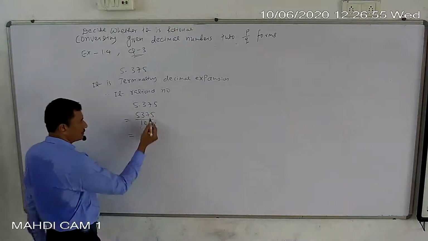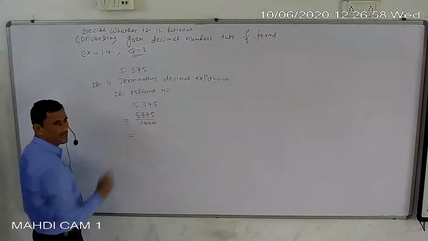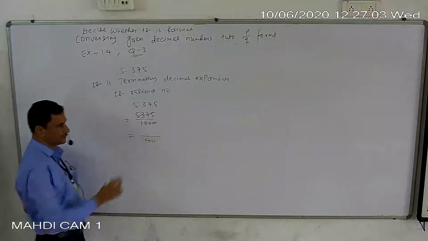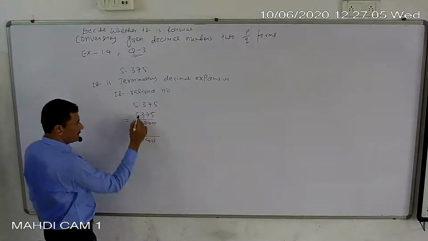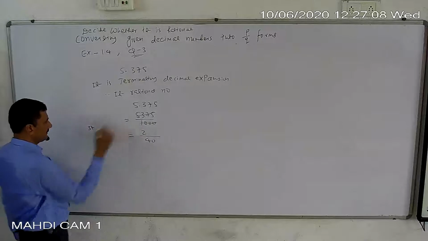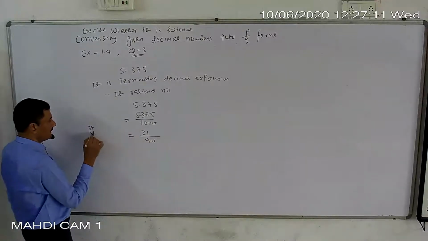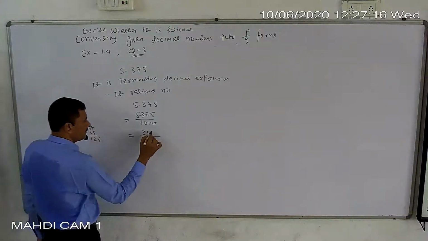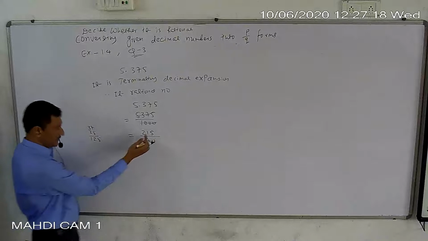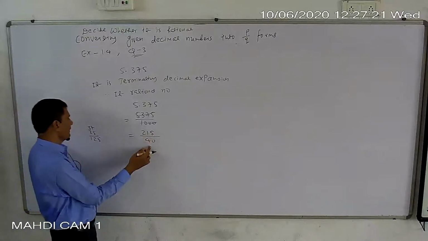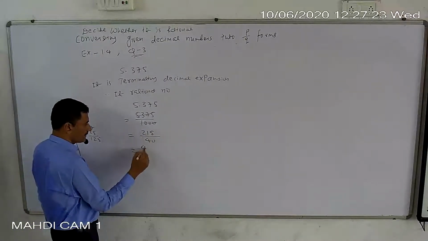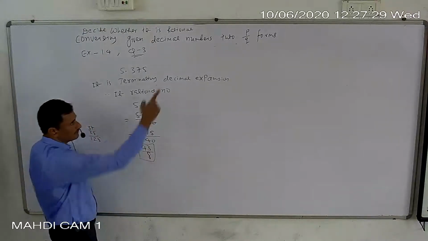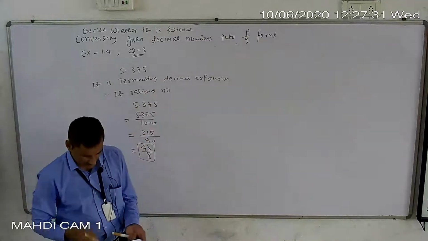So cut both by 25. 25 times 40 is 1000, 25 times 215 is 5375. Now again it is divisible by 5: 5 times 43 is 215, 5 times 8 is 40. So this is our P by Q form in the simplest fraction, 43 by 8.